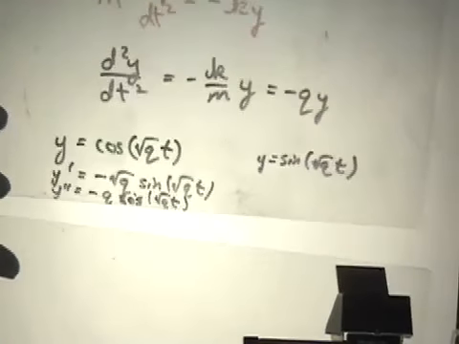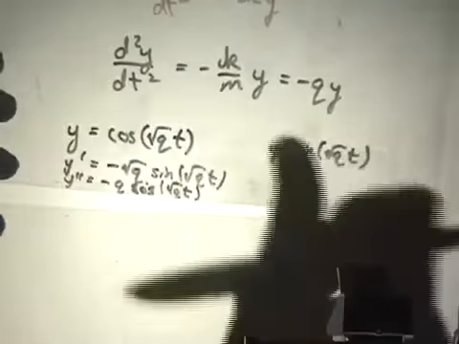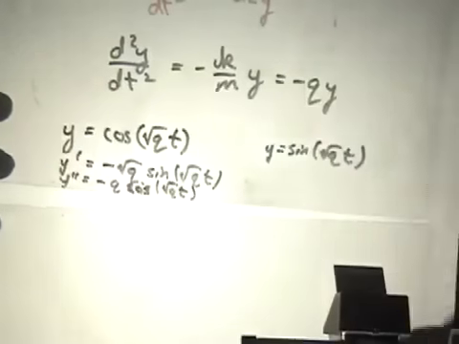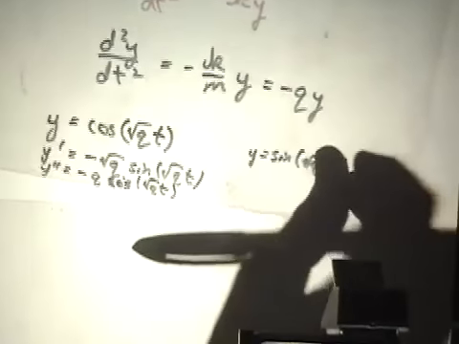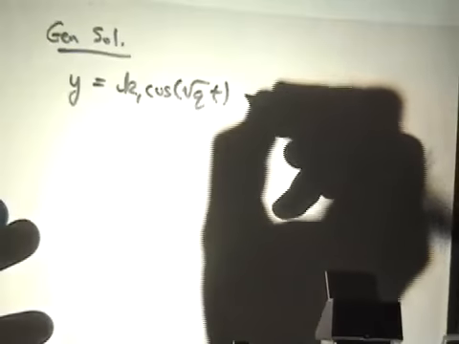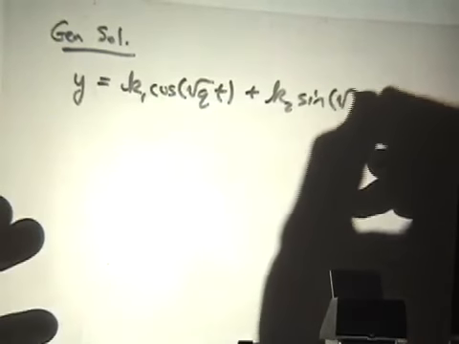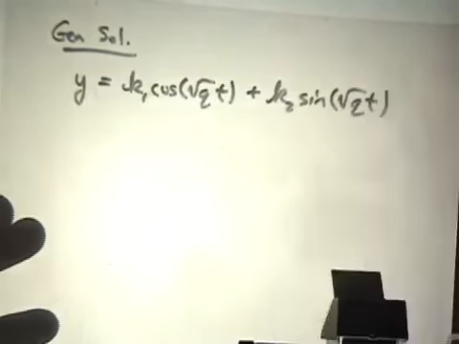It turns out that with second order equations, if you've got two functions which are not multiples of each other, like this, and both solve the differential equation, then an arbitrary linear combination of them will be the general solution. K1, my first arbitrary constant, times the first function, cosine of square root of qt, plus K2 times sine of square root of qt.